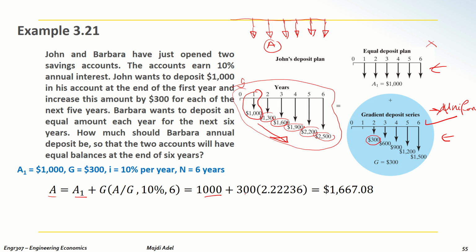So 1,000 plus 300 multiplied by this factor from the interest tables. So the answer is $1,667. So Barbara should deposit in her account $1,667.08 every year, so she will have the same amount as Joan at the end of the 6th year.